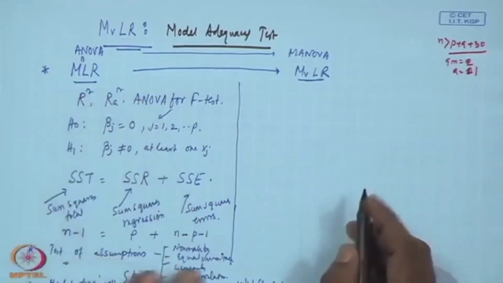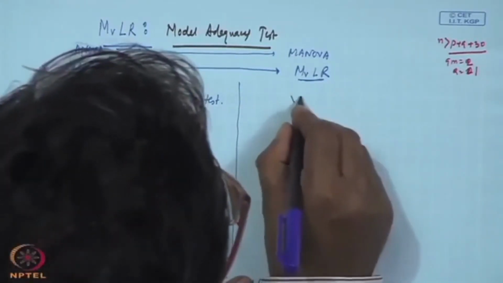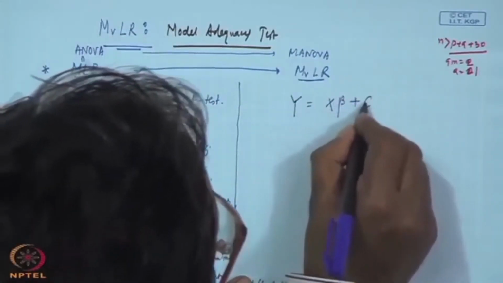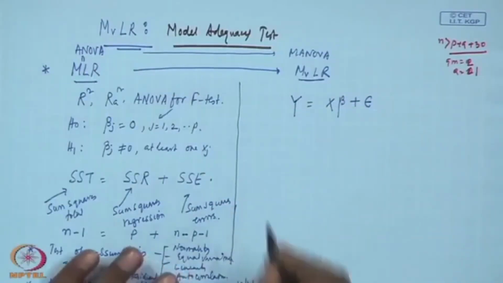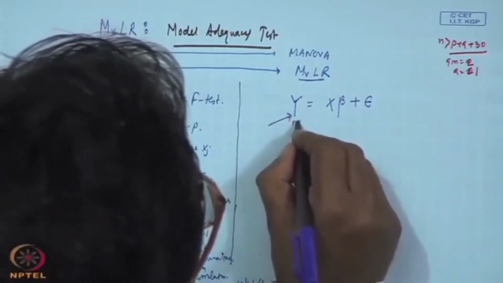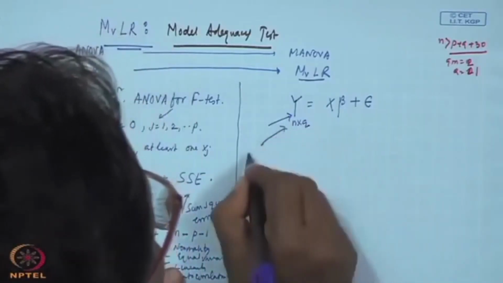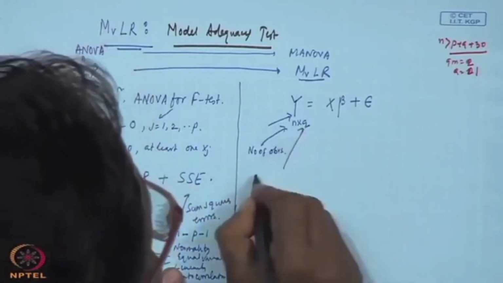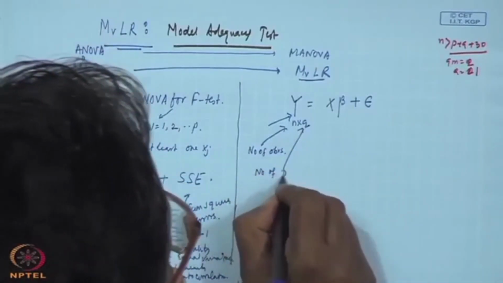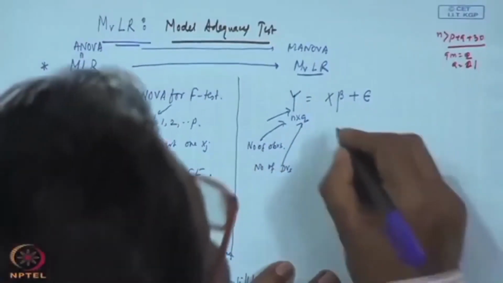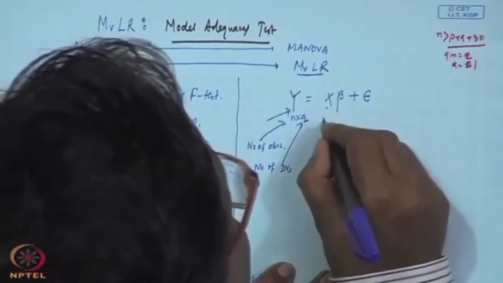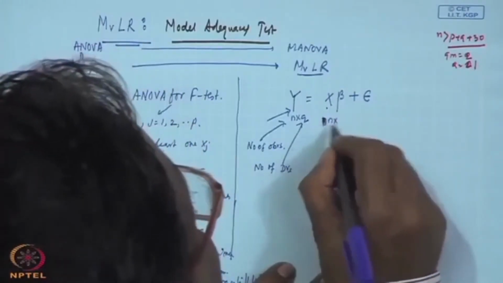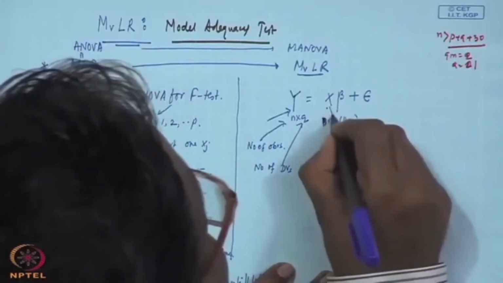Okay. Then let us write down again what we have written in the last class, so that you can correlate with this. We say this is n cross q, where n is the number of observations, q is the number of dependent variables, then we say this one is n cross p plus 1.